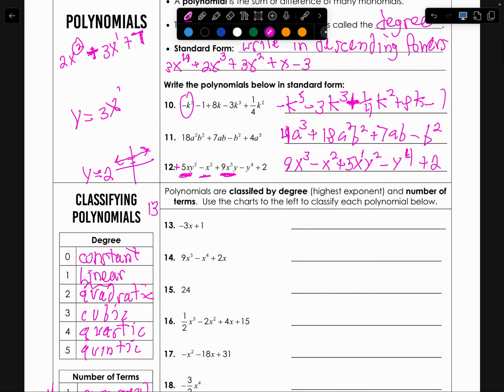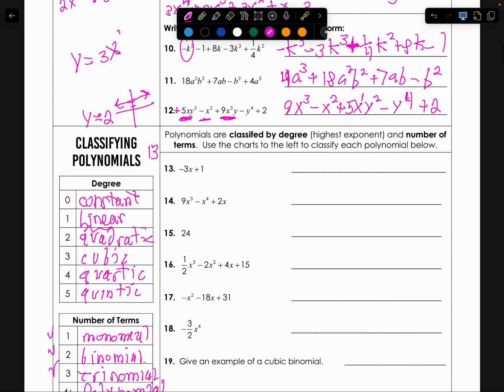So this is a power of 1, so it's a linear. And it has 2 pieces, so it's a binomial. This is a 5, so it's a quintic.